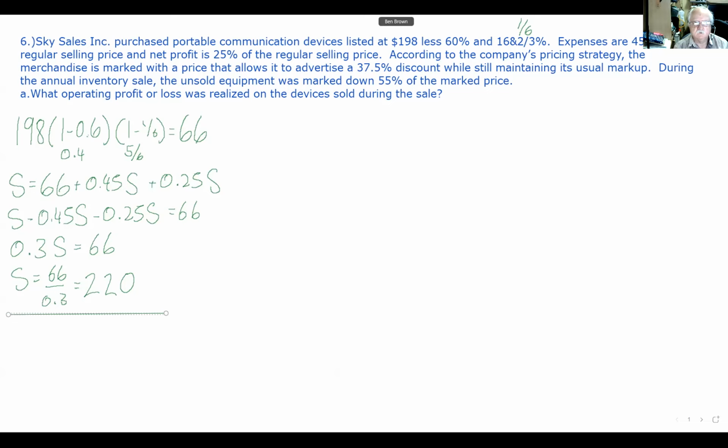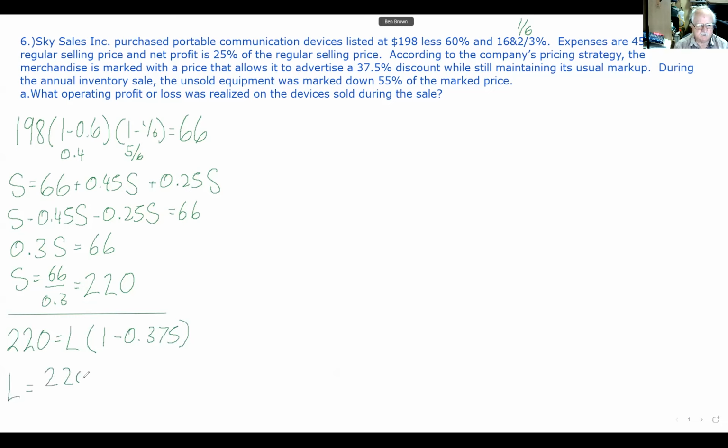And so we know the price we want is $220. We don't know the artificially inflated price, but we do know the sale we're having is 37.5%. So 1 minus 0.375. And this allows us to find the price tag they're going to put on this thing.